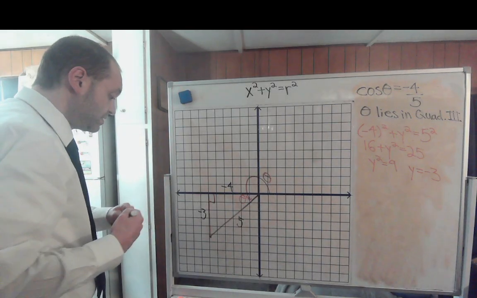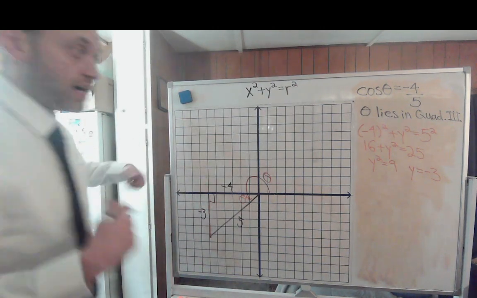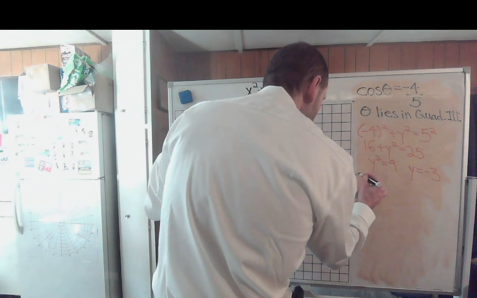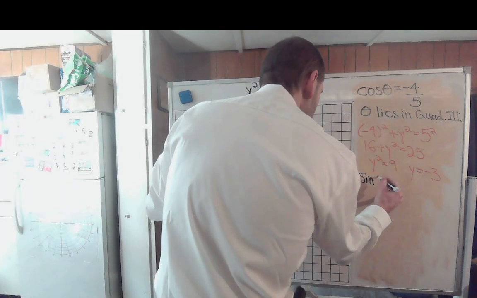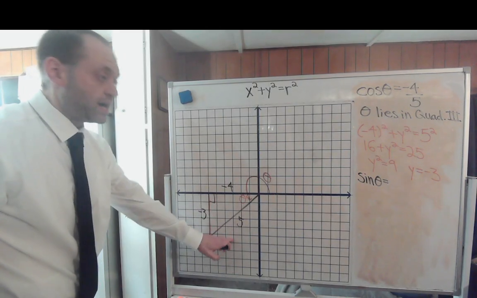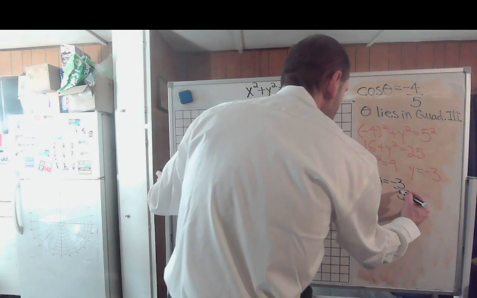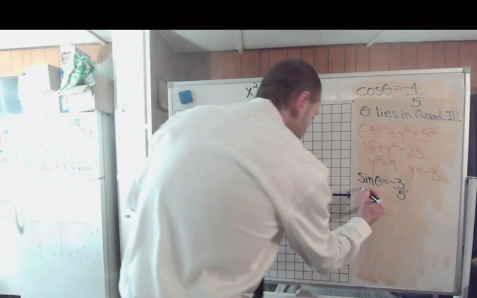We already know the cosine, so let's go ahead and find the other 5 trig values. The sine of theta equals the opposite over hypotenuse, so the sine would end up being negative 3/5. We can find the tangent next.